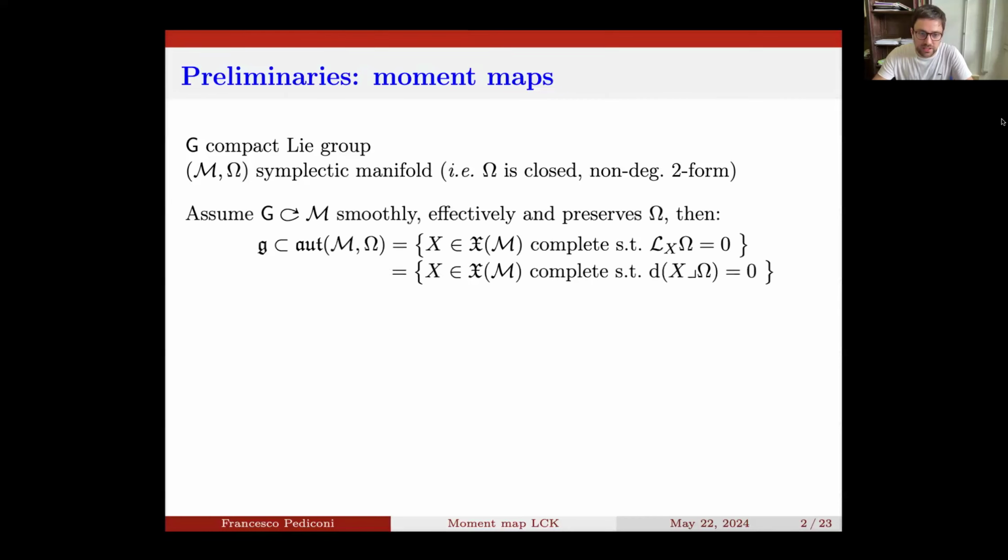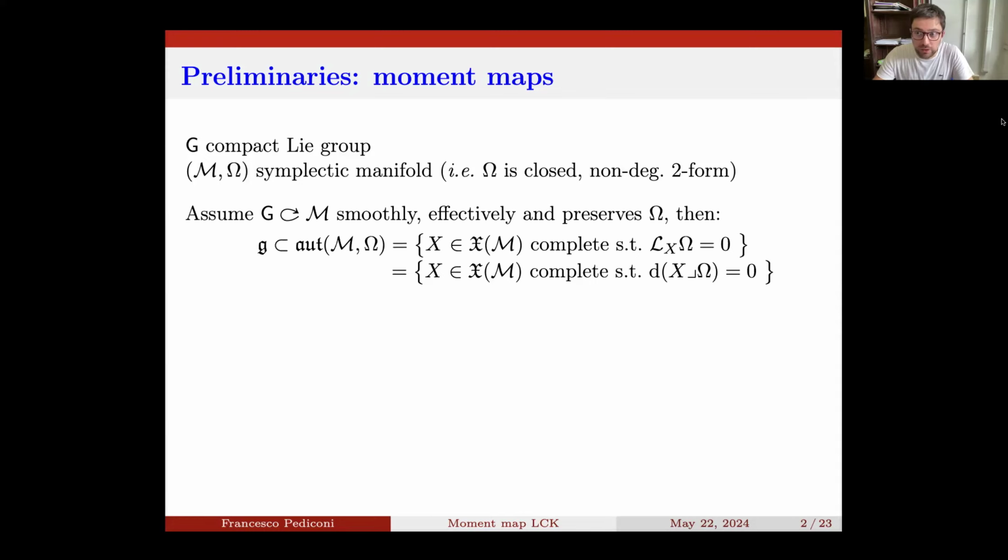Well, if you assume that this action is smooth and effective and that it preserves omega, then by taking the derivative of this action, you get an embedding at the Lie algebra level of the Lie algebra of G into the infinitesimal automorphisms of the symplectic structure.